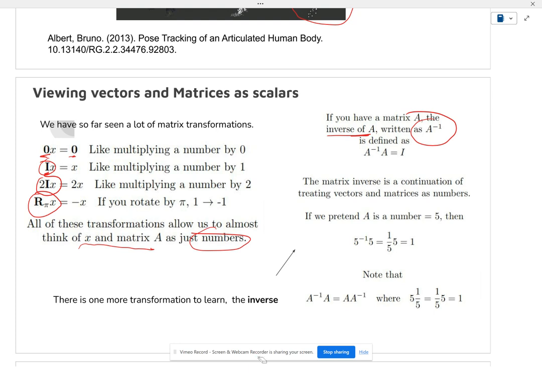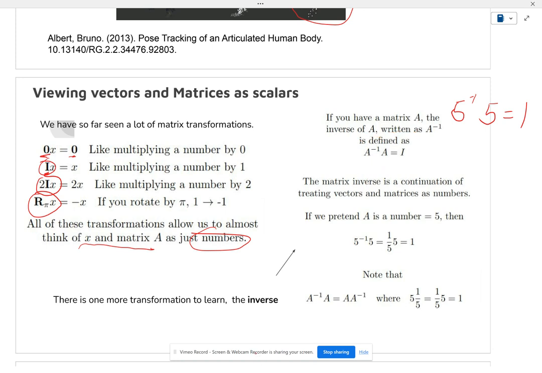If we have 5 times 5 inverse, that gives us 1, right? In matrix format, it's A times A inverse, and it gives us the equivalent version of 1 in the matrix, which is the identity. So this right here is the matrix inverse.